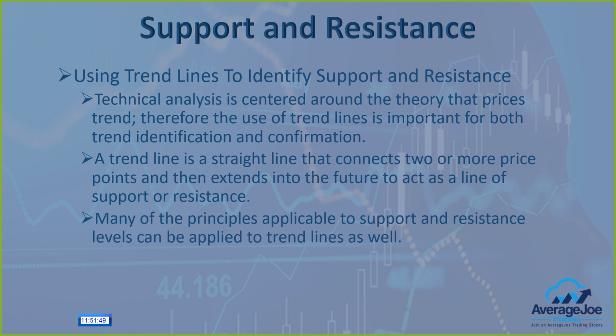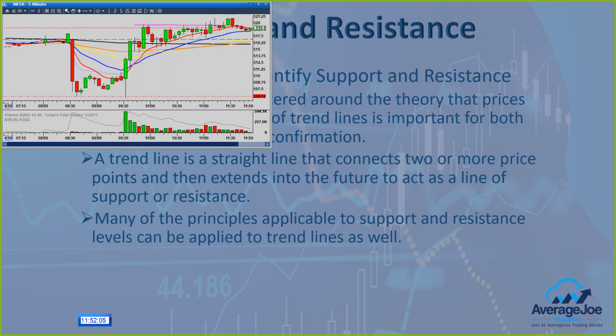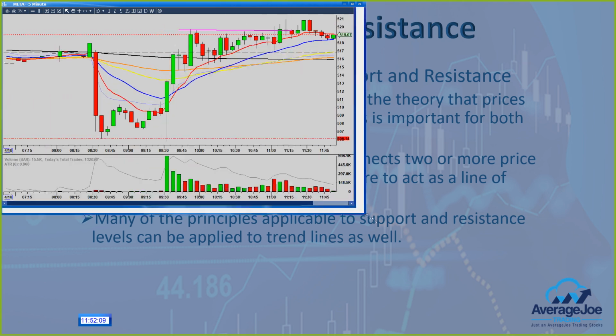Many of the principles applicable to support and resistance levels can be applied to trend lines as well. So let's take a look at this, and I'm sure most of you already understand it, but let's look anyway.